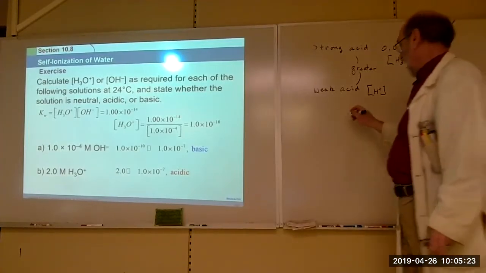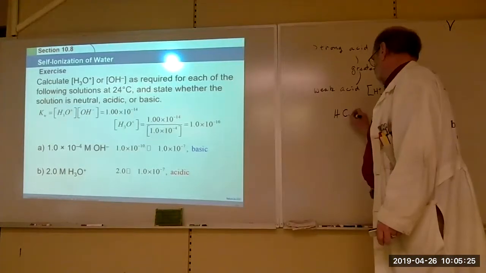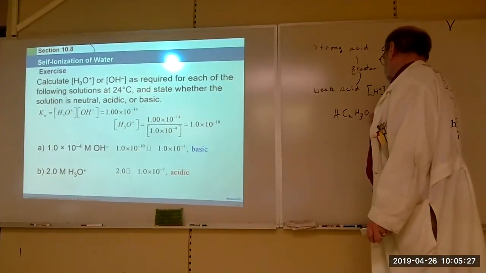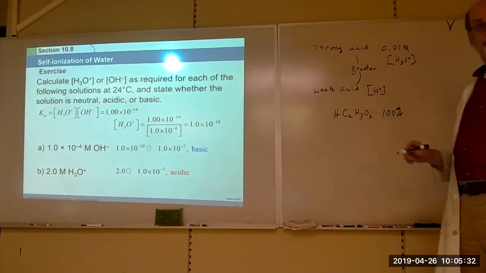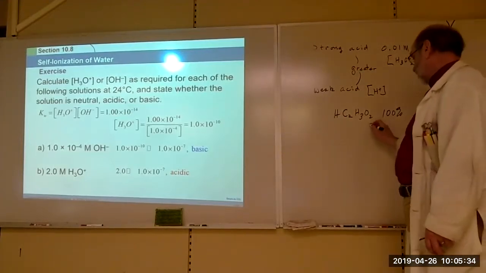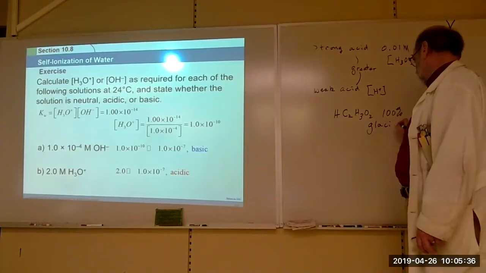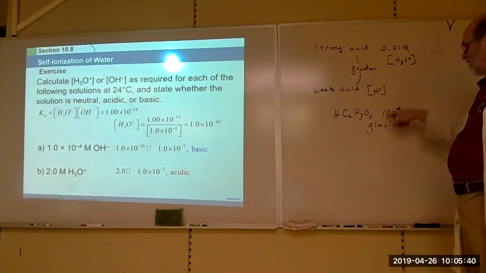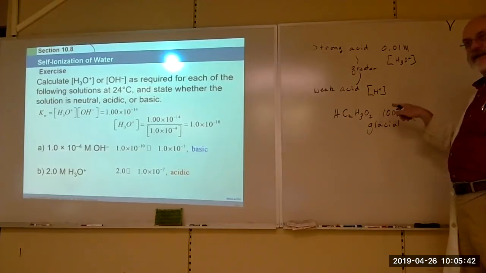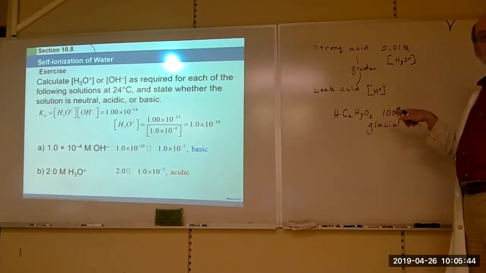You can get acetic acid, C2H4O2. You can get acetic acid 100%. It's called glacial acetic acid. So if we compare this one to that one, that's 100%, and it dissociates at 10 to the minus fifth.